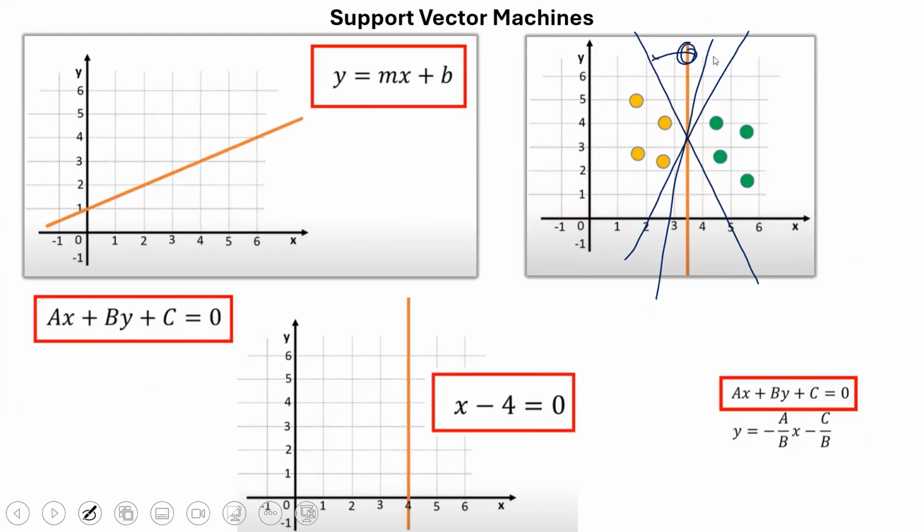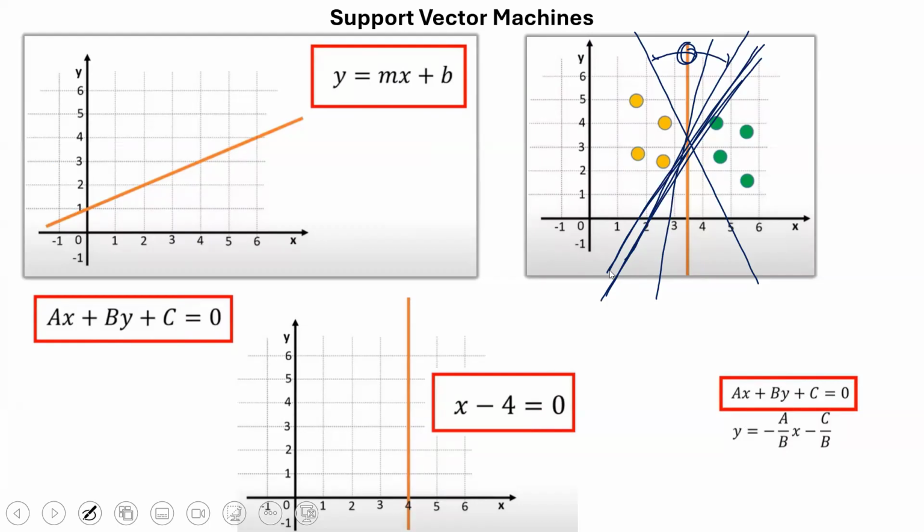You should be able to move this line here and here, and see how well that is giving us the classification results. That is what support vector machines, actually support vector classification, will try to do. It tries to move that particular line so that you will get an optimal separation.